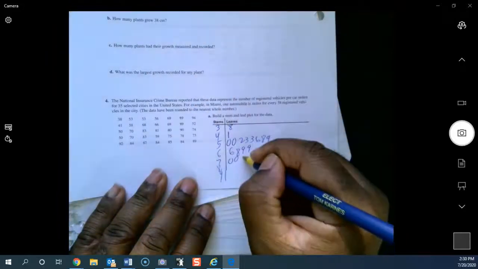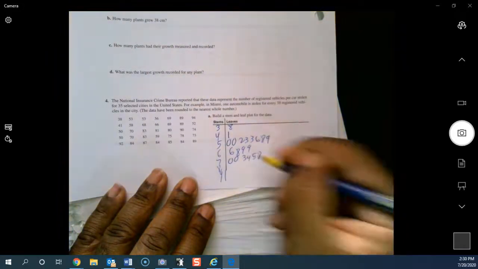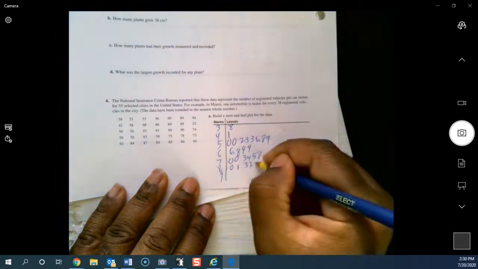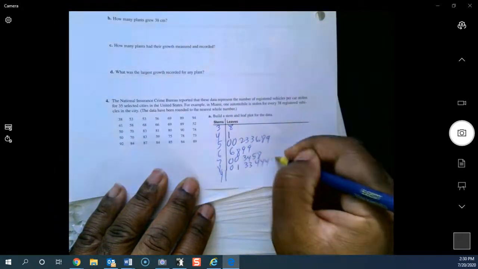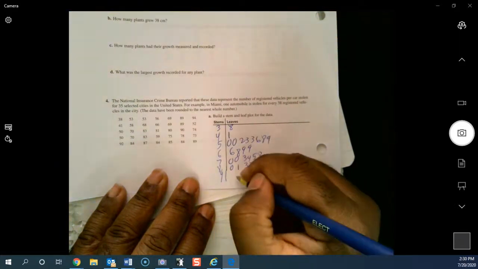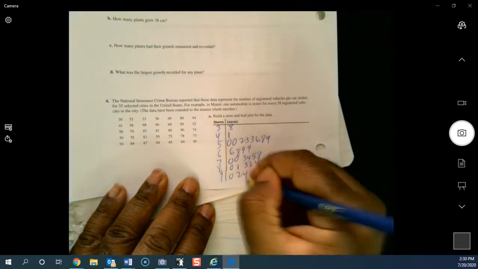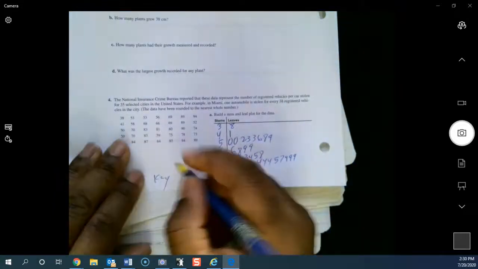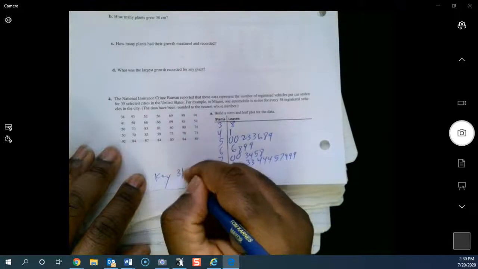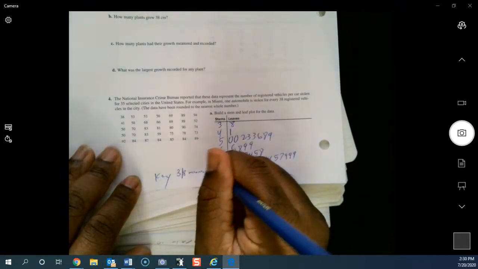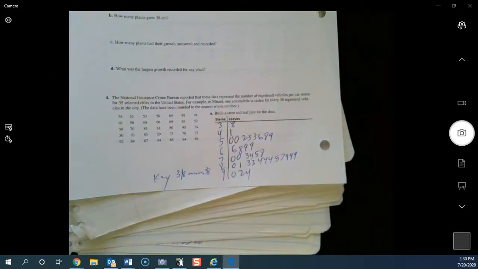The 7s would be 2 zeros, 3, 4, 5, 8. The 8s would be 0, 1, 3, 3, 5, 7, 9, 9, 9. Then 9s would be 0, 2, 4. Now we could write a little key off to the side. The key, we could say 3|8 means 38, just to give us a perspective here.